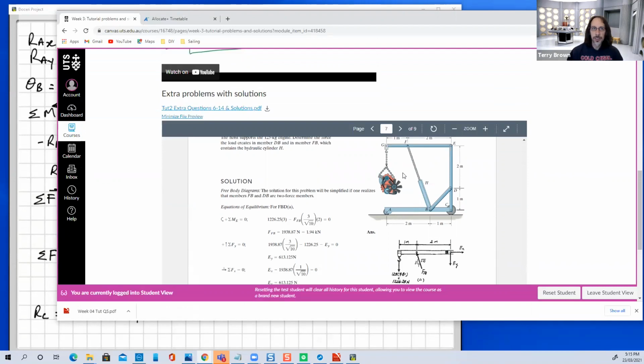Let me see if I can do this. All right, so there's the bottom member ABC, and that's B. If we have our 2-force member here, like this, then that will be exerting a force on here at B. This lower member here, ABC, will be exerting equal and opposite here.